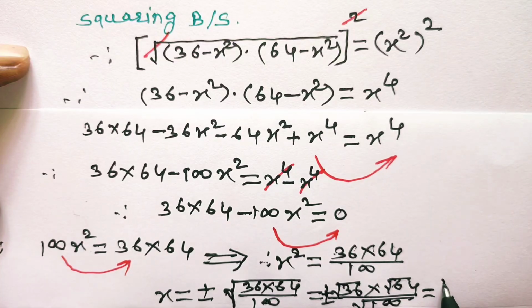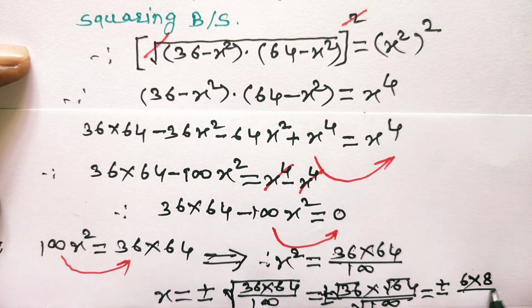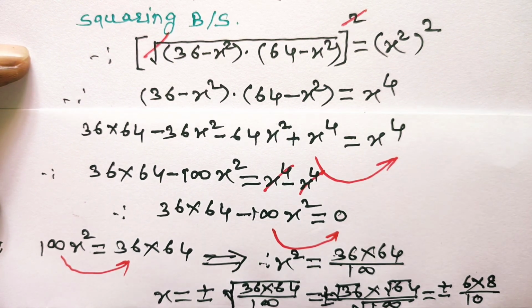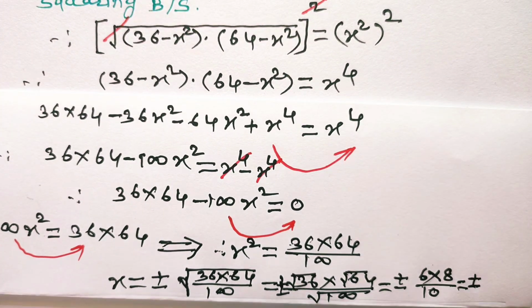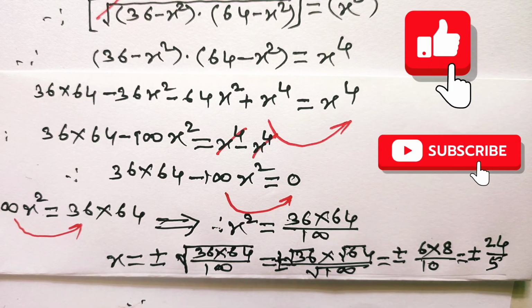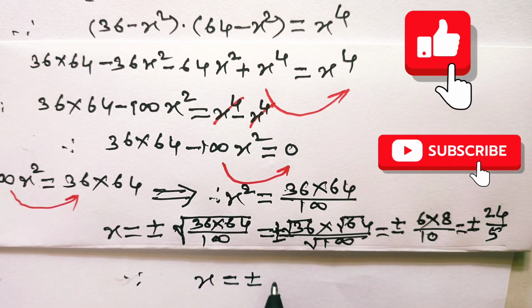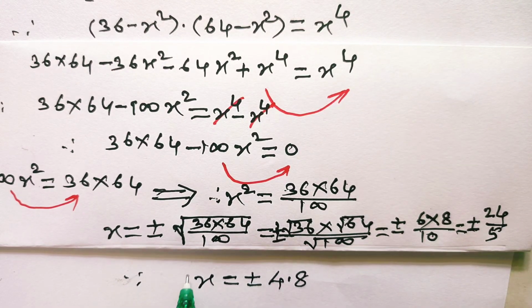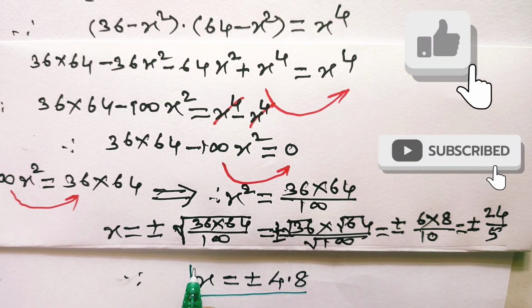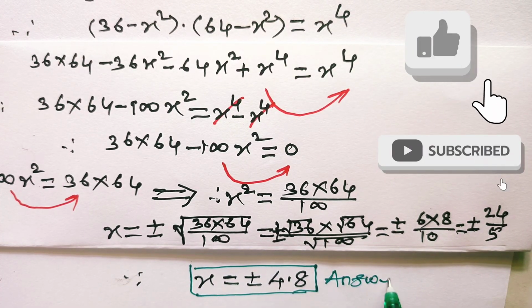So this is equal to plus or minus square root of 36 is 6, square root of 64 is 8, square root of 100 is 10. Simplify this and this is equal to plus or minus 20.5. Hence x is equal to plus or minus 4.8. And this is answer.